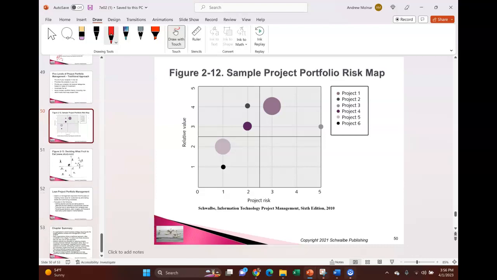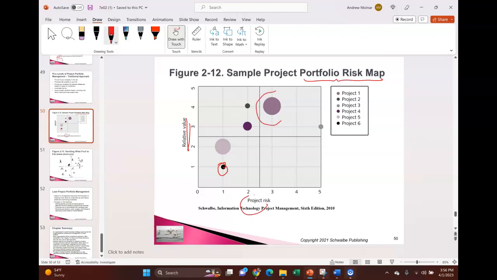Oh, this is a good portfolio risk map. So what they've done is they've said, well, here's the project risk, and here's the relative value, right? Not every project is going to have the same return on investment. So based on risk, this project would have low risk, right? But low value. Who cares?